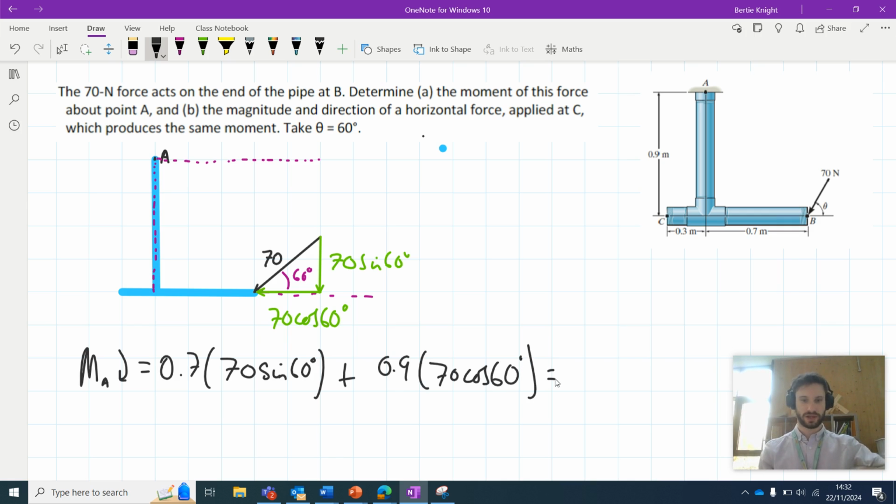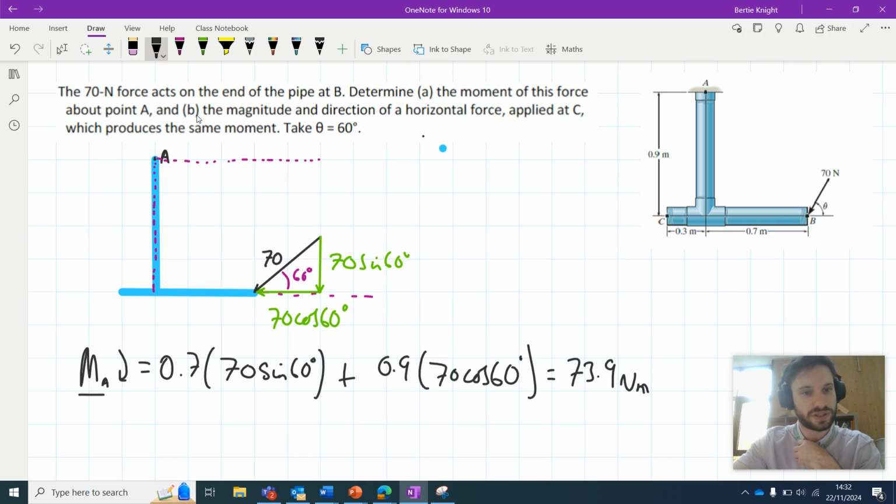And when we put this in our calculator, this gives us a value of 73.9, or with a unit, 73.9 Newton meters. So this is our moment about A. This answers the first part of our question.